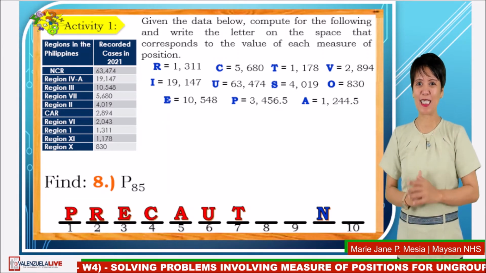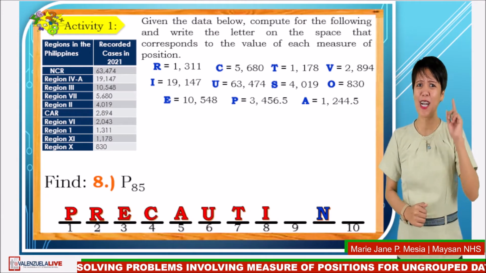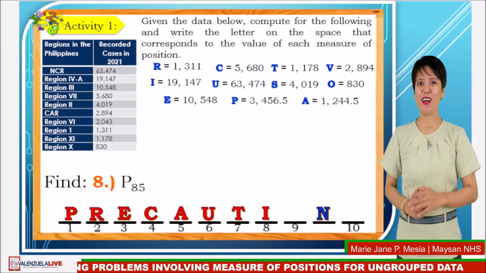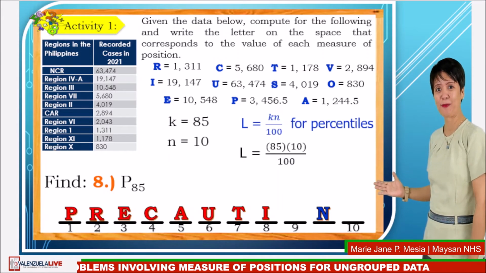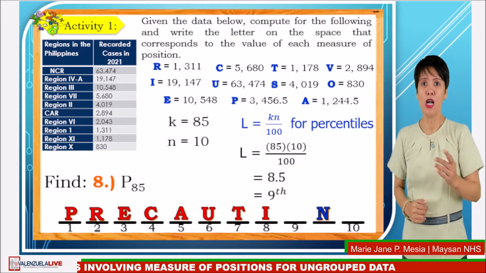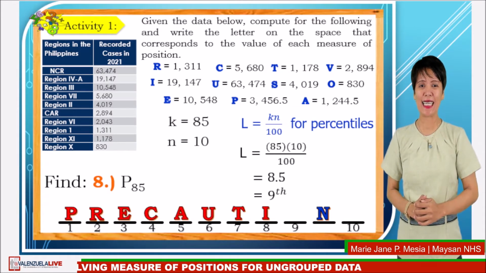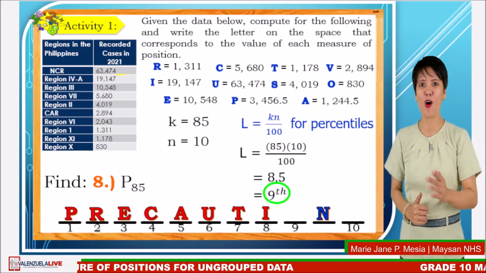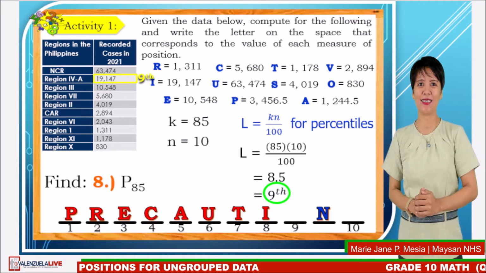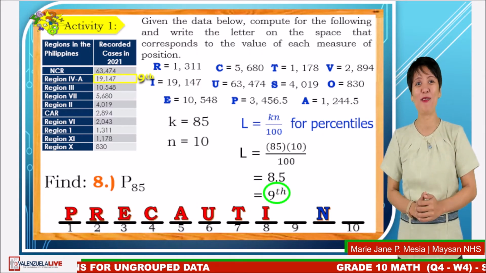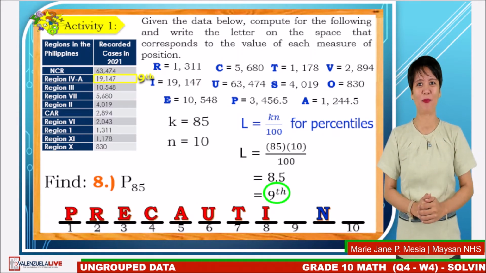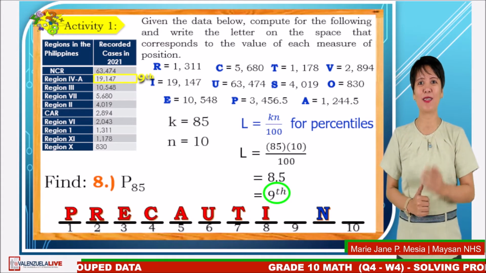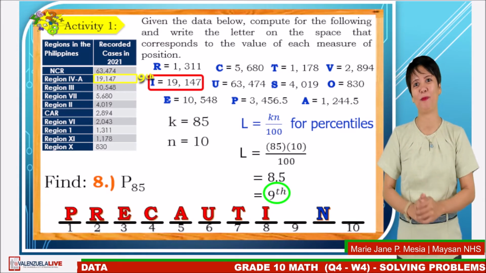If your answer is letter I, you are correct. The solutions are flashed on the screen. So, the locator is in the 9th position, which is in region 4A, whose cases is 19,147. And the letter that corresponds to the value is letter I.